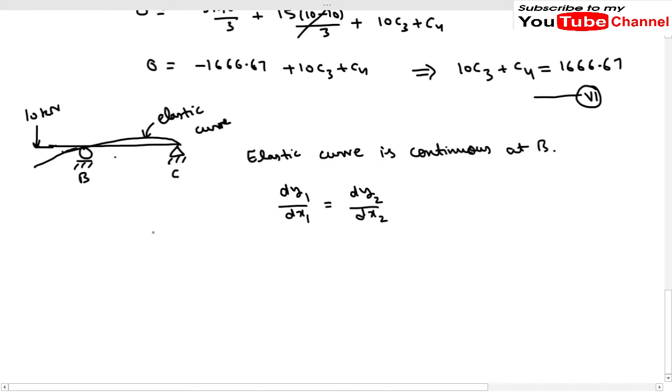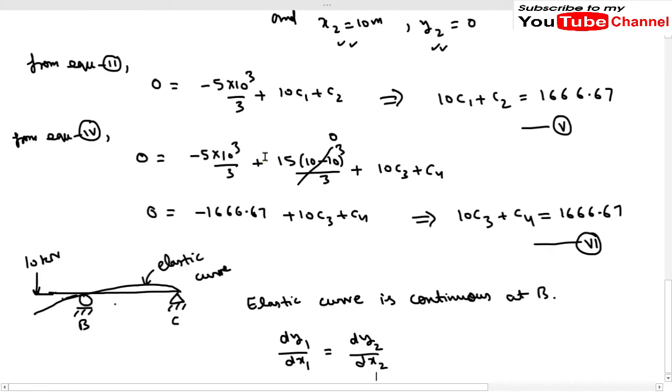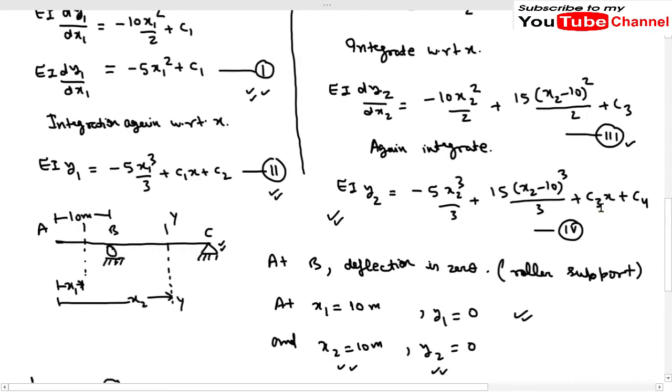Okay, which means that the slope at B should be equal from both the equations. Okay, so we can use this boundary condition, and we will equate these two, equation number 1 and equation number 3.